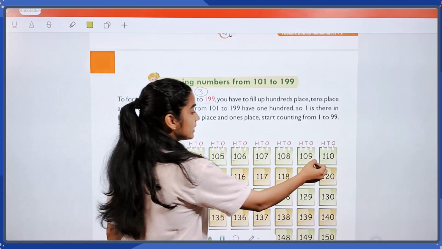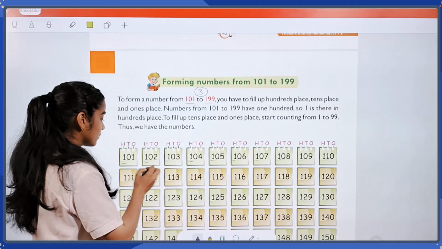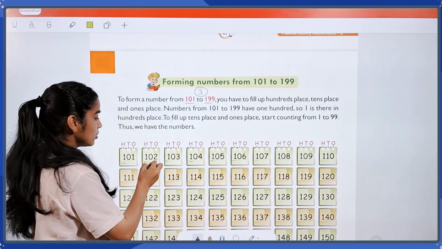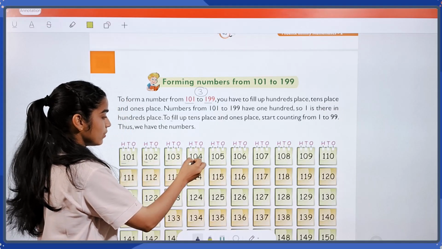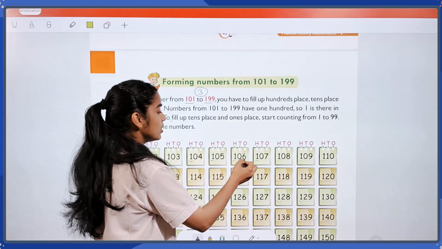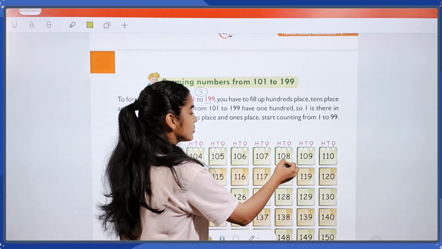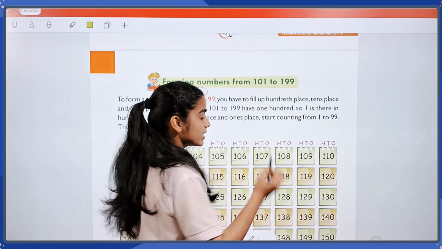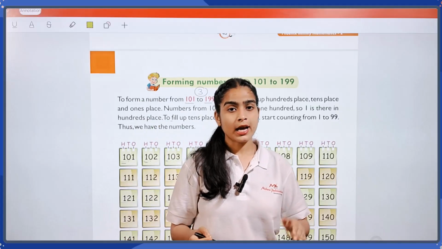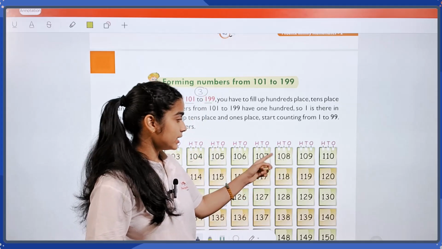Up to 9, we just write it in that way: 101, 102, 103, 104, 105, 106, 107, 108, 109. From 1 to 9 we have single digits, that's why we write it in that way.